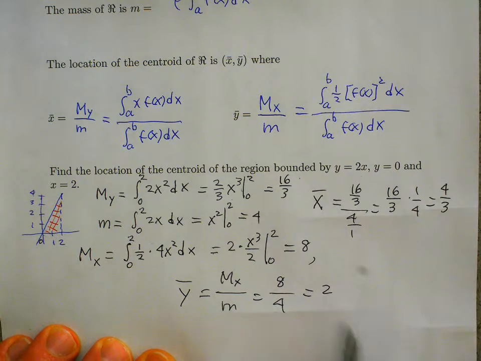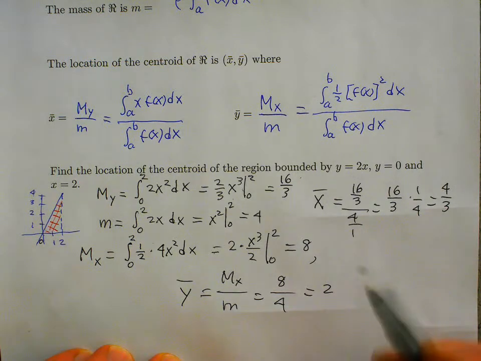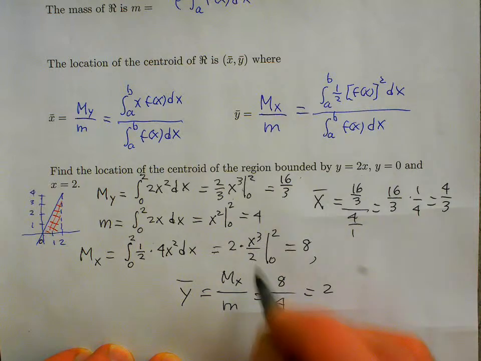So I get 2, but... times 3 divided by 3. Oh yeah. Yeah, that's right.